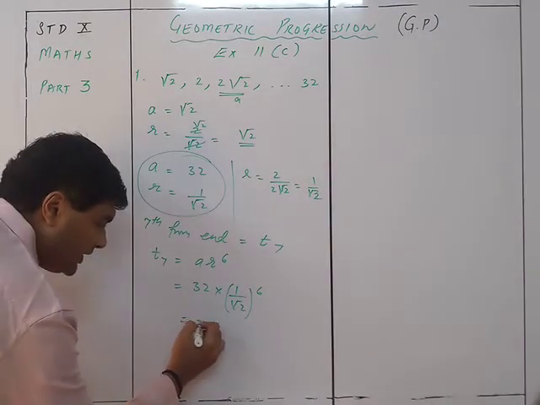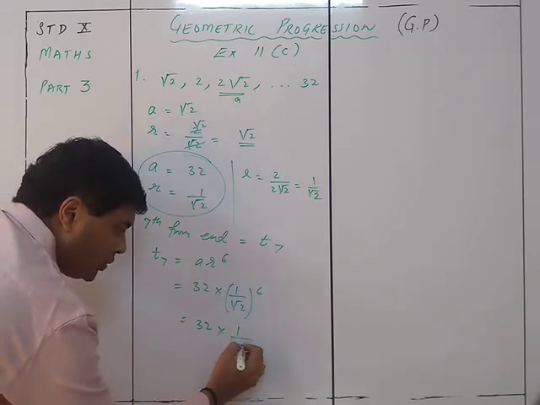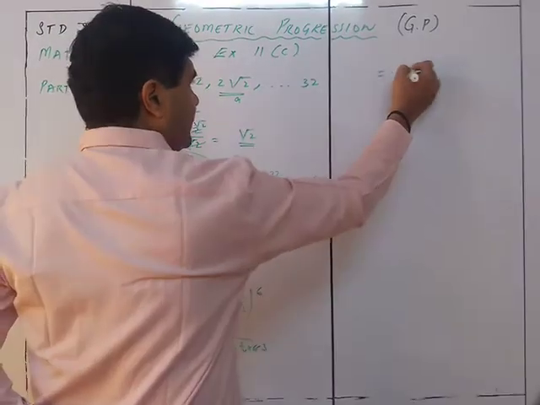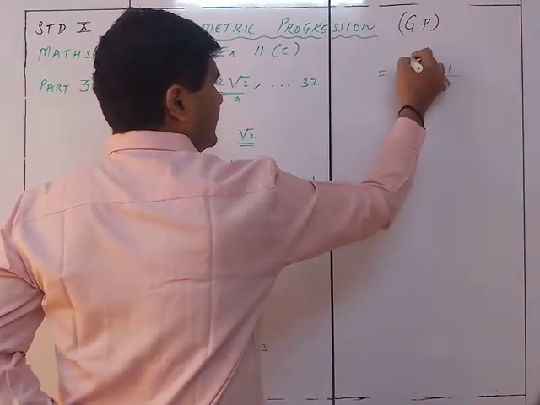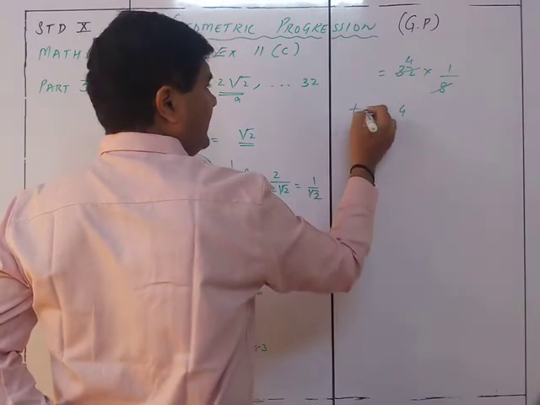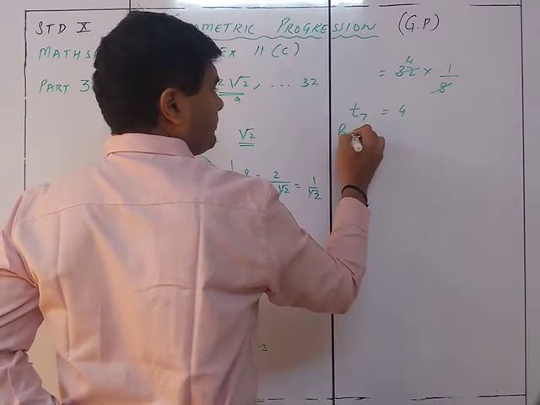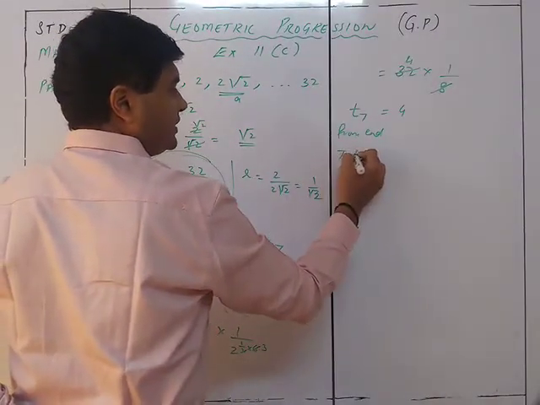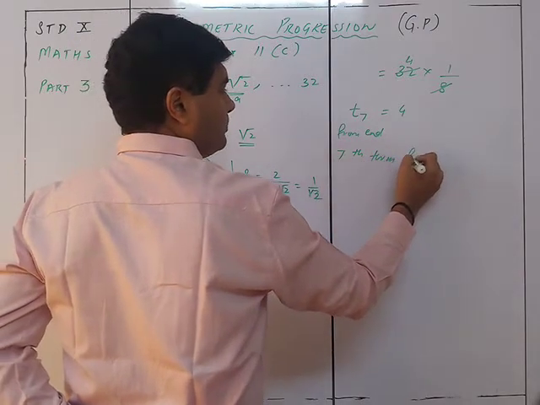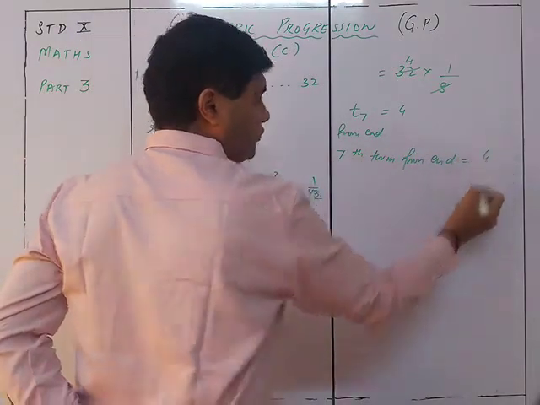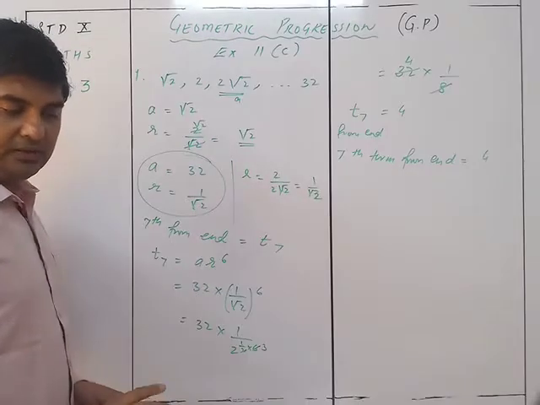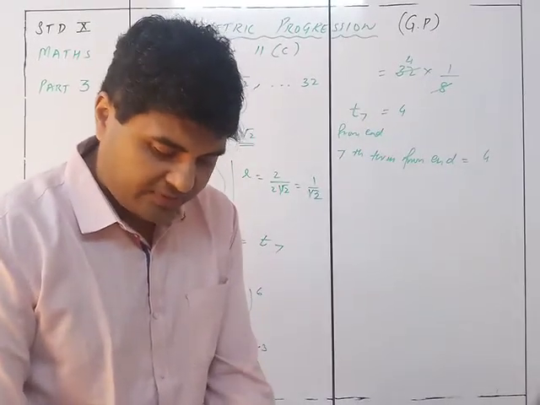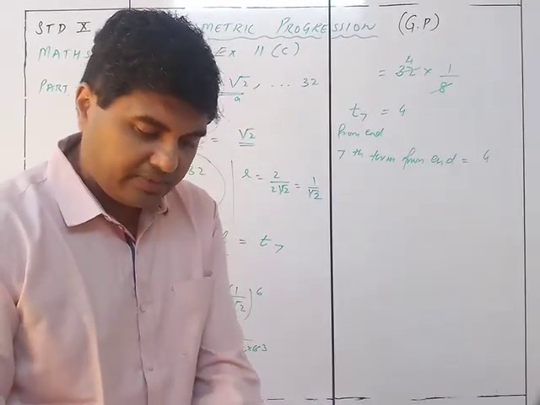That is nothing but 32 into 1 upon 2 into 1 upon 2 into 1 upon 2, which is 32 into 1 upon 8. So that is 4. So T7 from end is 4. Therefore, the seventh term from end is equal to 4. Is it clear? So this is the answer for 11C's first sum: 4.